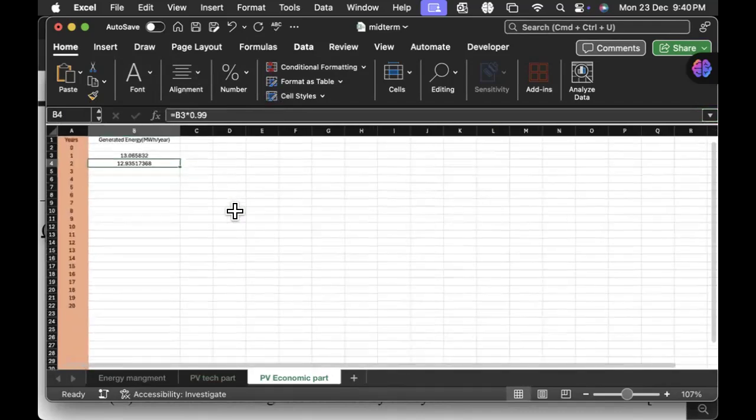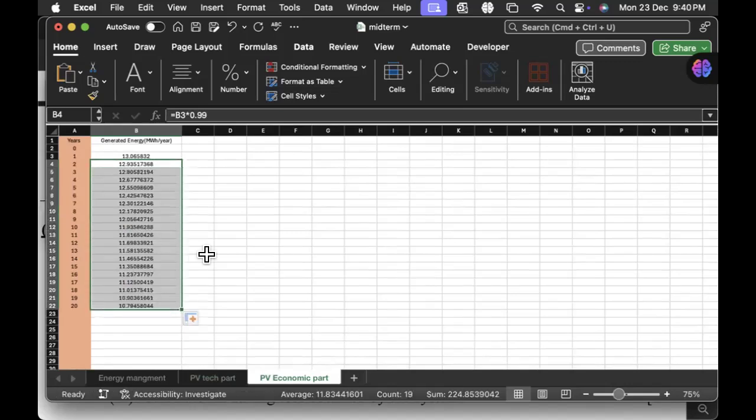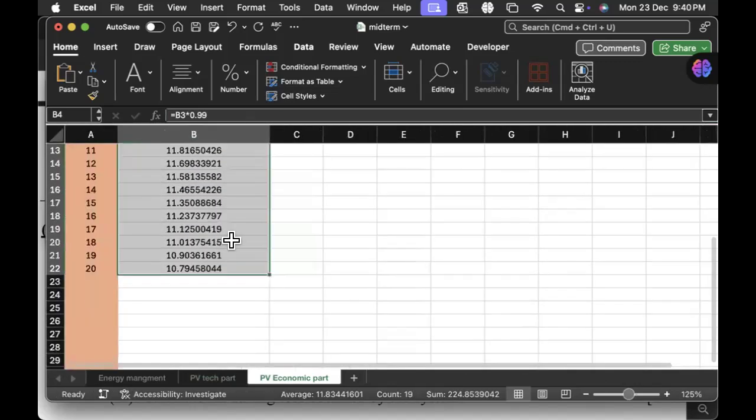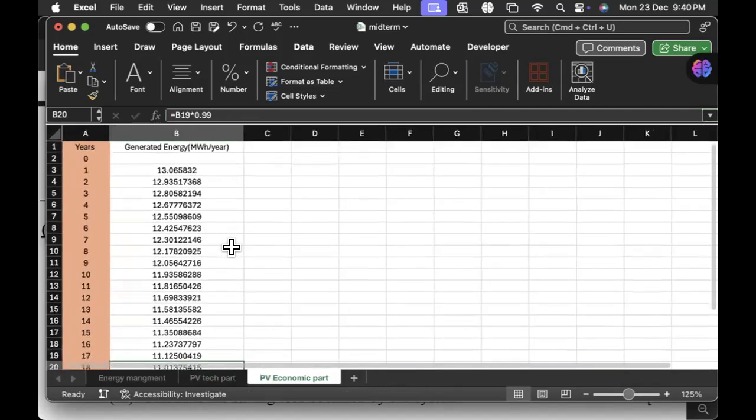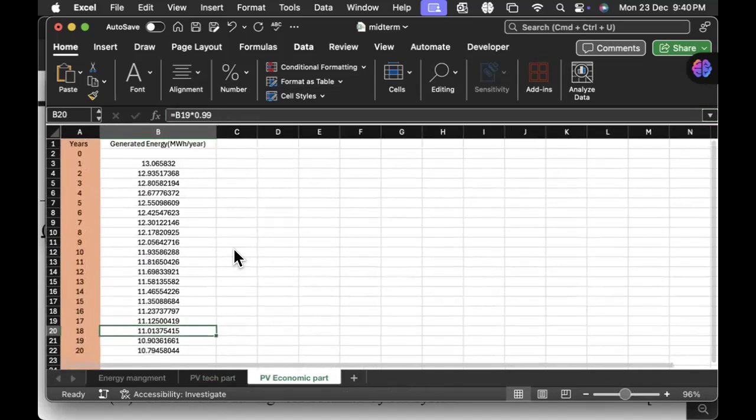So you can now calculate this to estimate the energy production across the years, and you can see that during the 20 years of operation, your system is going to lose around 3 megawatt hour of its yield.